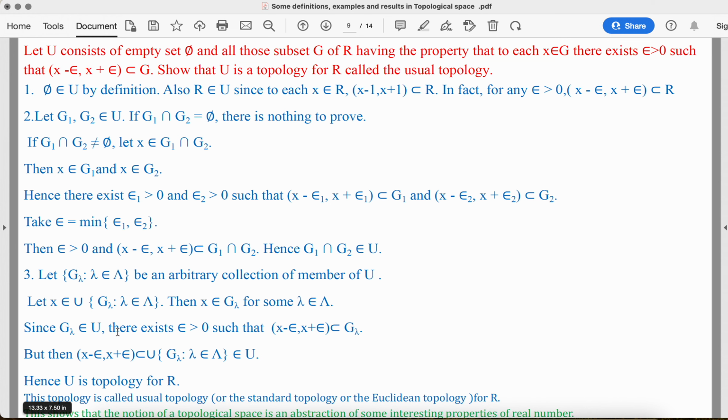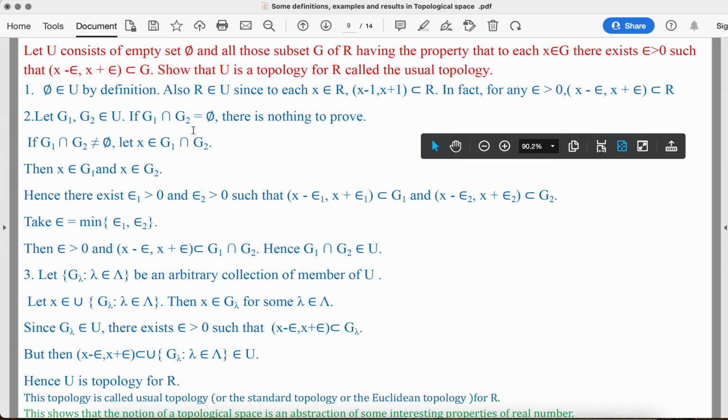Since G lambda belongs to U, there exists epsilon greater than 0 such that the open interval x minus epsilon to x plus epsilon is a subset of G lambda. But then x minus epsilon to x plus epsilon is a subset of the union of G lambda, lambda belonging to the indexing set. Hence, U is a topology for R. This topology is called the usual topology, or we also call it the standard topology or Euclidean topology for R.